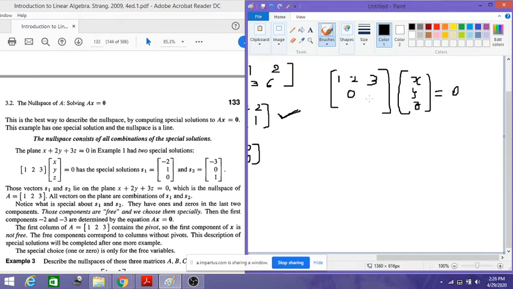Because here the second and third pivots are 0. If we write this in reduced form, there is only one pivot, that is 1, the first pivot. The second and third pivots are not there. So the second and third columns will become the free variables. Now if I write this in terms of an equation, I'll get x plus 2y plus 3z, which is equal to 0.